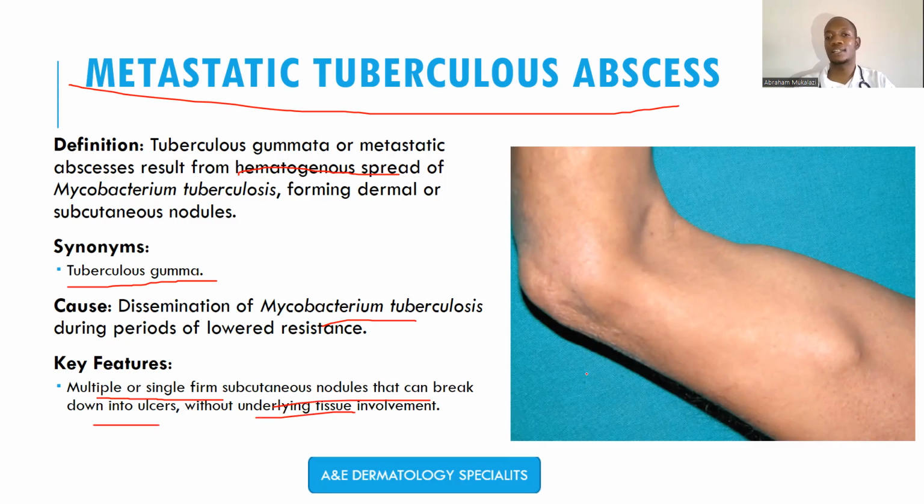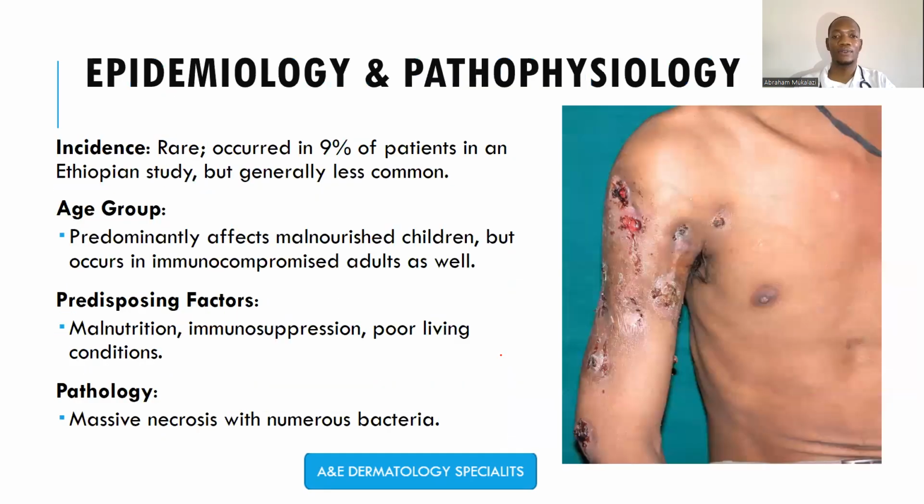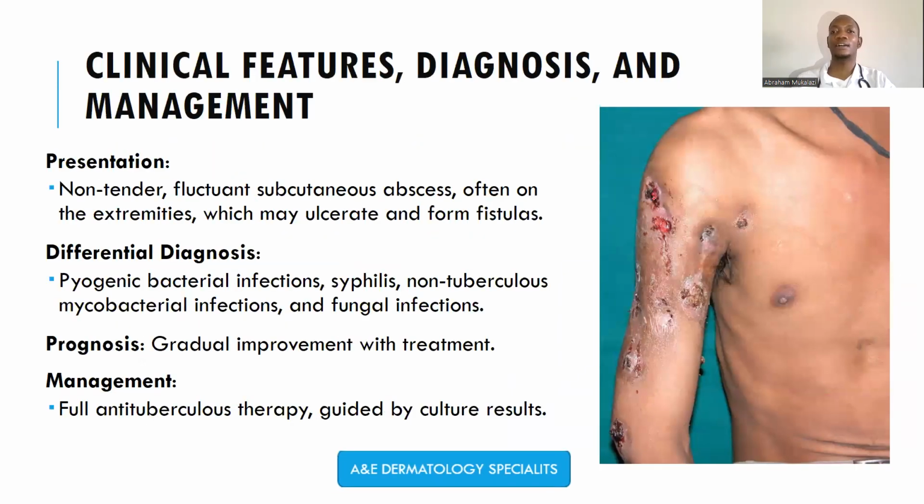And sometimes it can look similar to scrofuloderma, as you can see in this picture. So this one started as nodules, then later on they ulcerated to give you this picture, which is similar to scrofuloderma, but in this case, it is cutaneous TB abscesses or TB gummas.